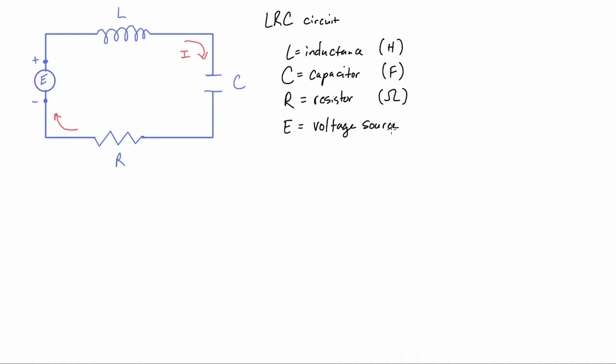And the idea is across each of these is something known as a voltage drop. In other words, what happens is the voltage source sends out an electrical current. That current travels across the inductor, which is usually a coil, the capacitor, which is usually two metal plates close to each other, and then the resistor, which can be a lot of different things.